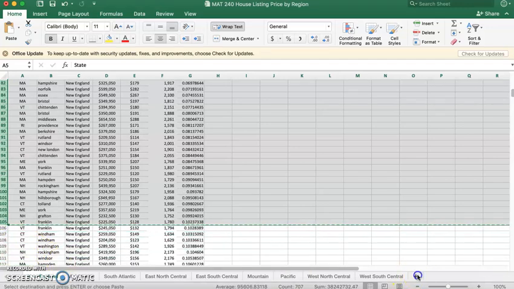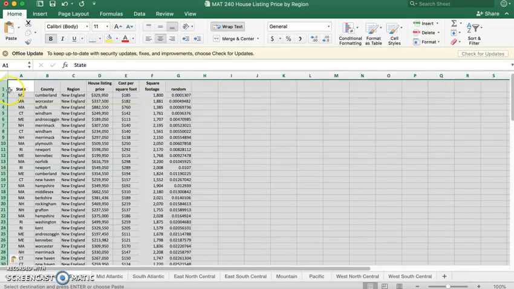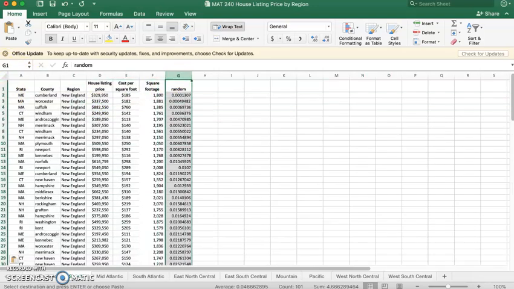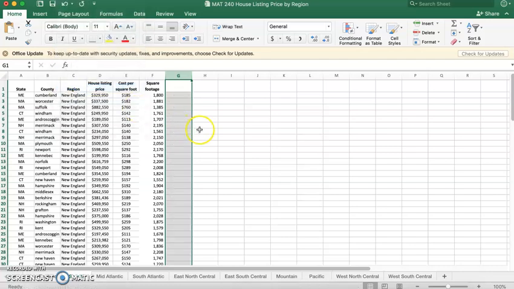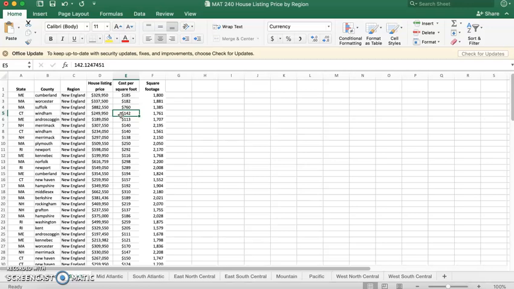I just like to. It helps me keep things a little cleaned up. I'm going to go ahead and delete that random column since I don't care about it anymore. All right, so now I have a sample of 100 counties or observations from the New England region. So I'm going to name it New England sample 100, just so we've got that there.